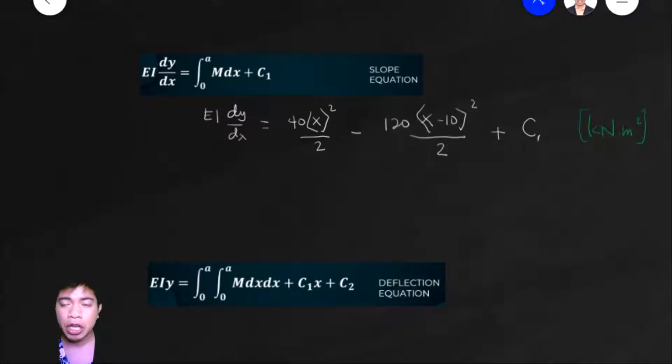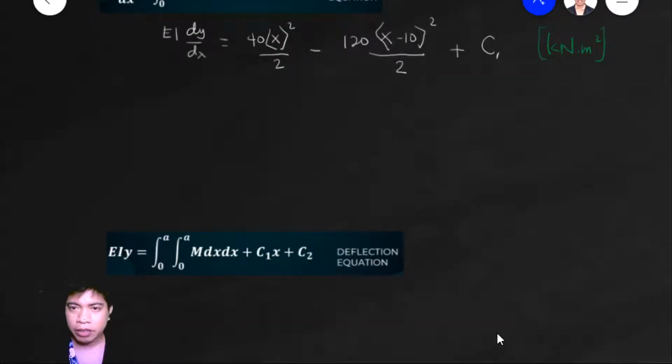Kasi nga double integration method nga ito. Okay? So integrate natin, so magiging EI, then Y is equals to integral nga, okay, integral tayo ha. So EI, integral of dy over dx is Y.